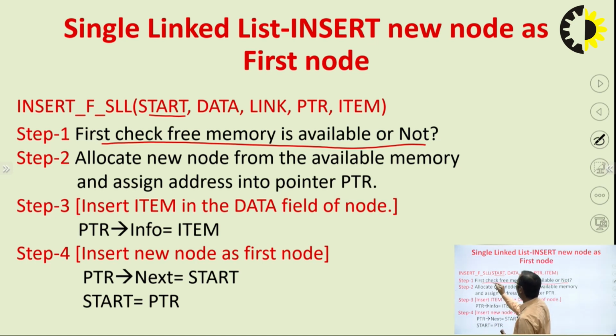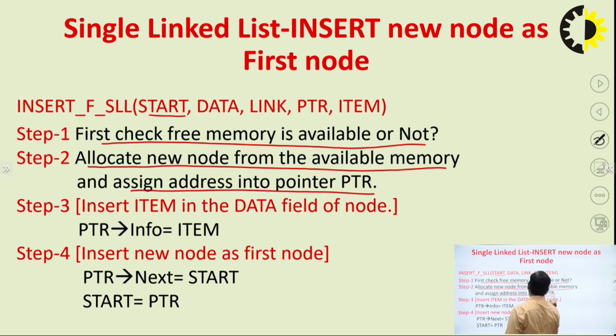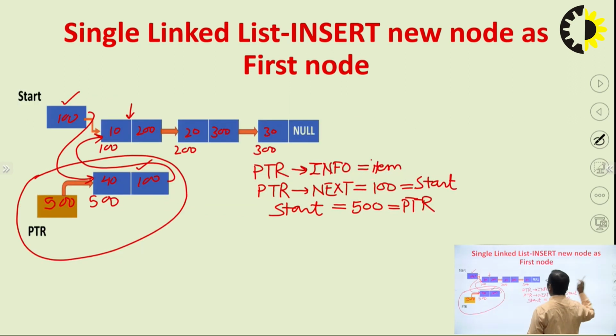If memory is available, then allocate a new node from the available memory and assign the address to the pointer ptr, which we have done in the previous slide. Ptr will contain the address of the new node.